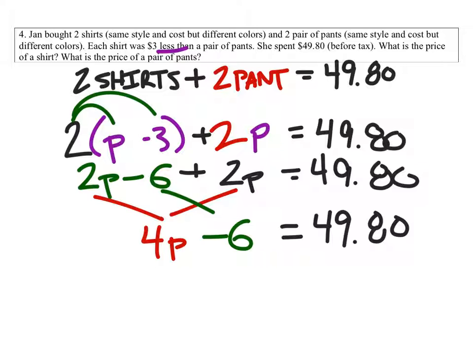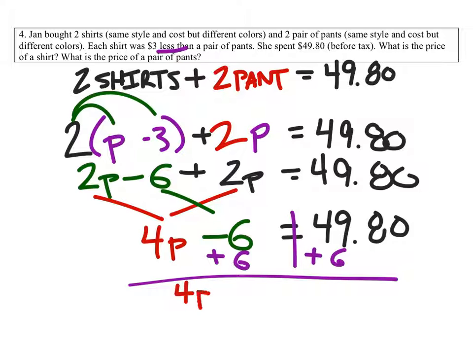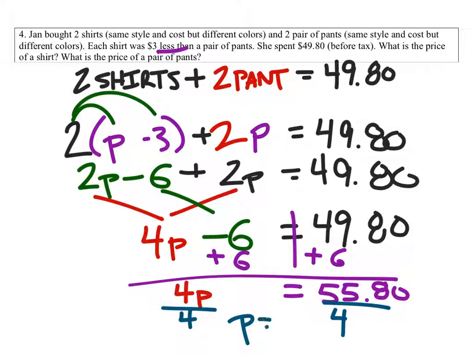Now to solve this, just use principles of equality, so we'll add 6 to both sides. And now I got 4 P's, 4 pants, equals $55.80. So to solve, I'll divide both sides by 4. And I find a pair of pants equals, that is correct, $13.95 for a pair of pants.